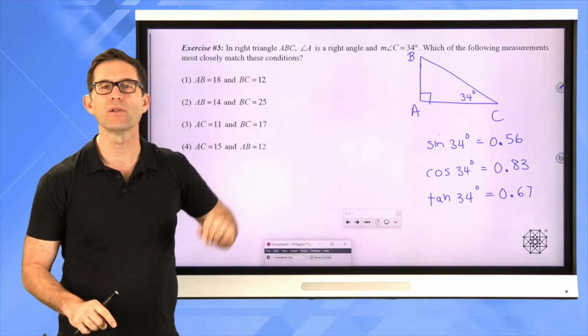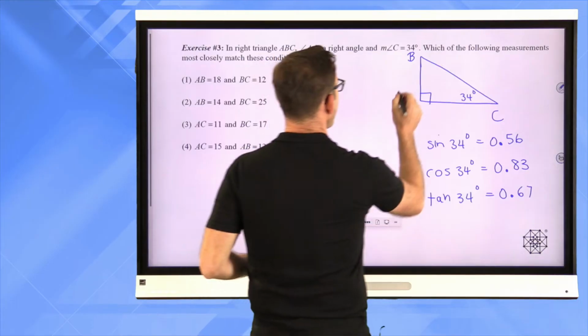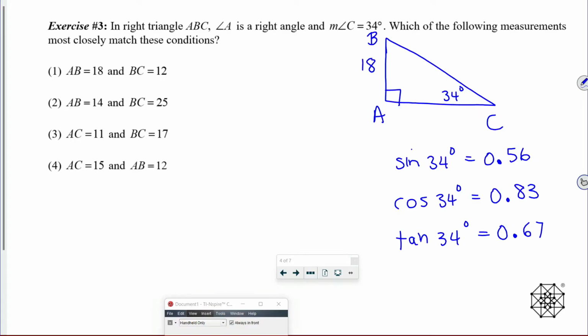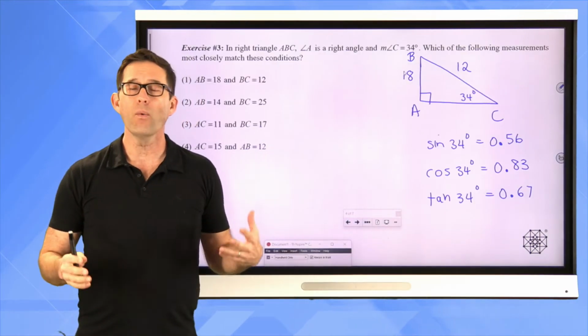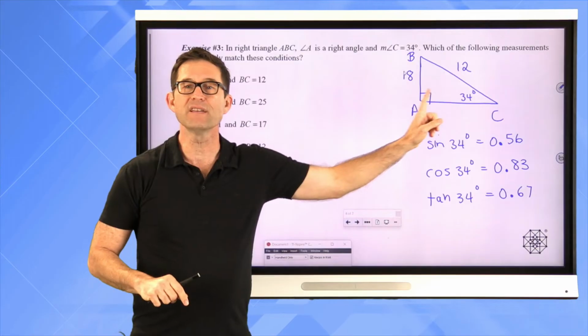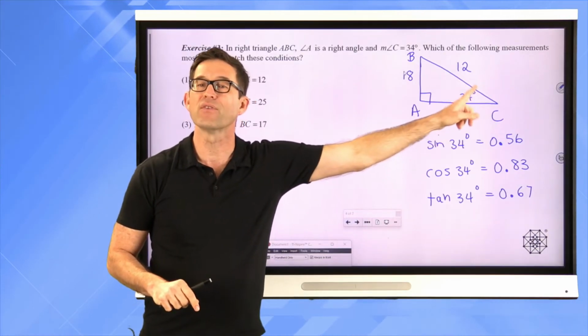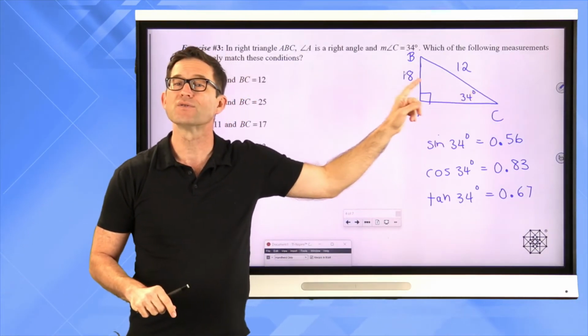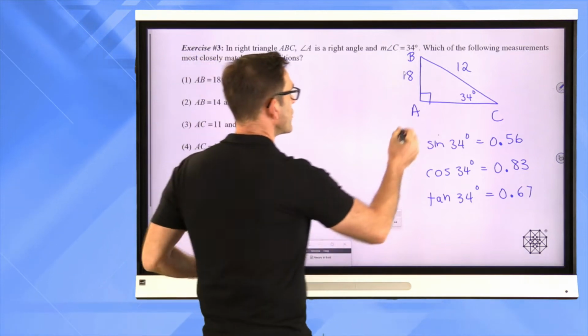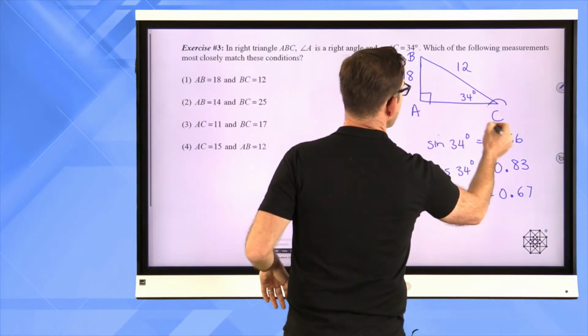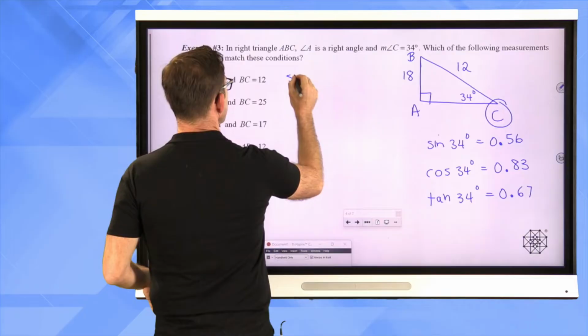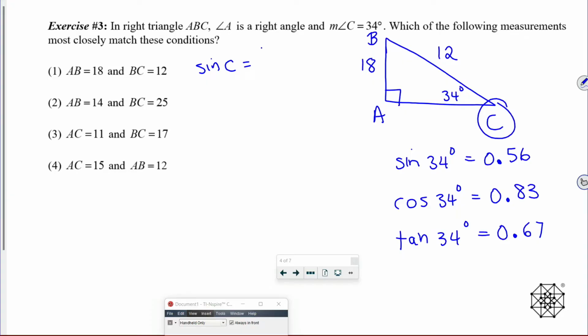All right, let's take a look at number 1, where we have AB equals 18, and BC is equal to 12. Okay, so what would that allow me to do? Well, the 18 is opposite C, and the 12 is the hypotenuse. So that would be the sine ratio. This would be sine compared to angle C. So in this case, we'd have sine of C equals 18 divided by 12.